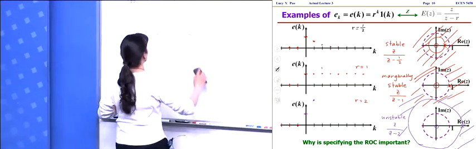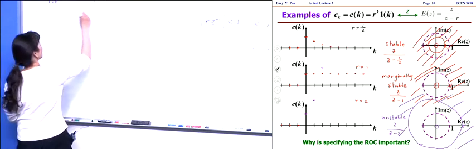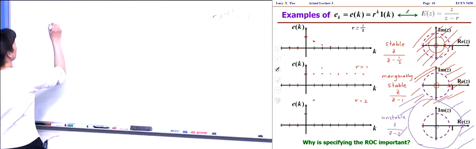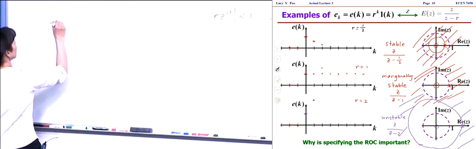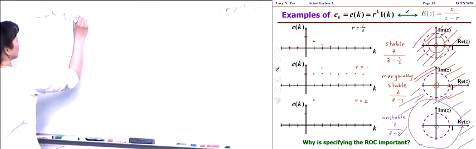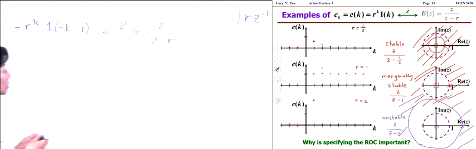So it turns out, I'm not going to work it out in detail, but you should work it out as an exercise, that if you have, I think it's minus R to the K times 1 of minus K minus 1, that has as its Z transform the same thing, Z over Z minus R.